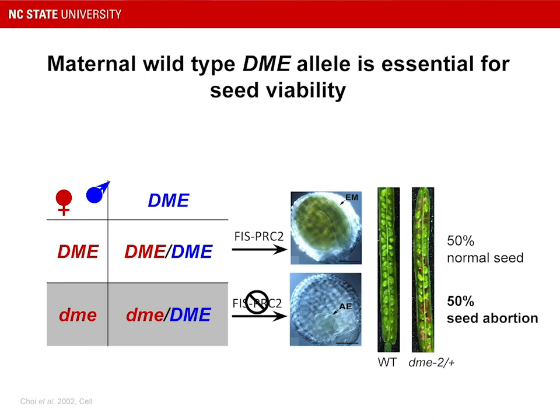Just like the Medea gene, DEMETER is essential because it regulates Medea. Medea is essential. So in the DEMETER mutant, you get 50% aborted seed, mainly because you're not turning on the polycomb gene Medea.